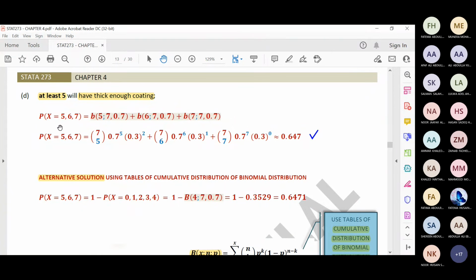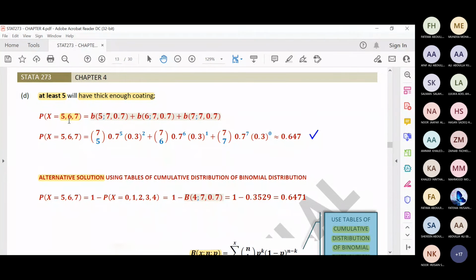Now, how can I use this to answer my question here? Let's repeat again. What does at least 5 mean? 5, 6, 7. Can you write this differently? Instead of saying 5, 6, 7, you can say all except 0, 1, 2, 3, 4. We need 5, 6 and 7, which you can write as all minus 0, 1, 2, 3, 4.